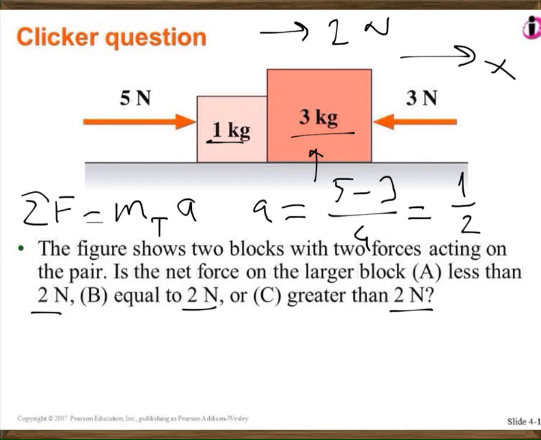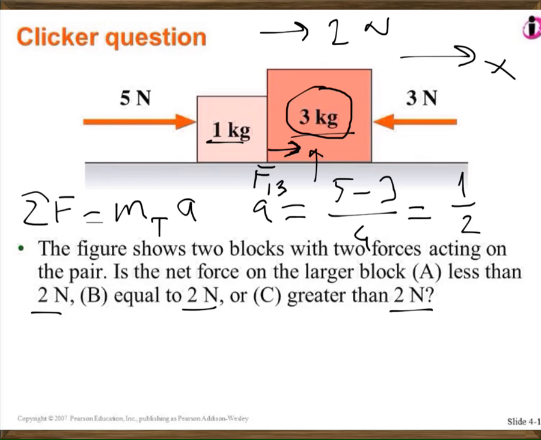If this guy is moving with an acceleration of 1/2, then I can find the force applied by the first mass, 1 kilogram, onto the 3 kilograms, right? Let's call this force F13, okay?